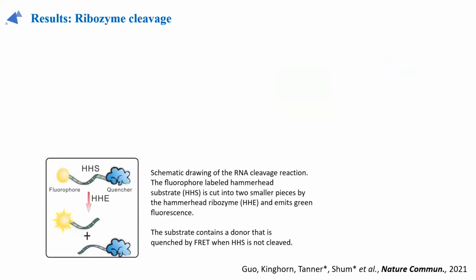Another thing that you can also do is ribozyme cleavage. So here we use a fluorophore-labeled hammerhead substrate, and it can be cut into two smaller pieces by the hammerhead ribozyme. Once you've done that, you will see green fluorescence. If they are not cut into two smaller pieces, they will not show green fluorescence because their fluorescence will be quenched by the substrate.